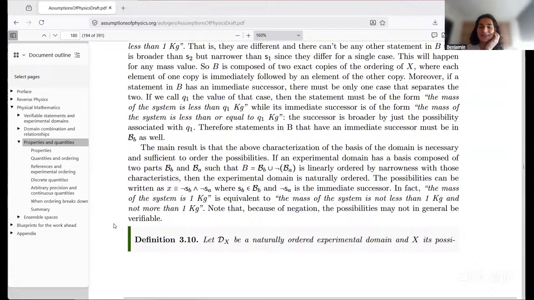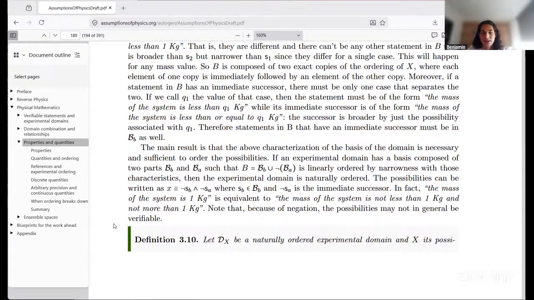The main result is that the above characterization of the basis of the domain is necessary and sufficient to order the possibilities. If an experimental domain has a basis composed of two parts, B sub B and B sub A, such that B is equal to the union of B sub B and the negation of B sub A, and is linearly ordered by narrowness with those characteristics, then the experimental domain is naturally ordered.